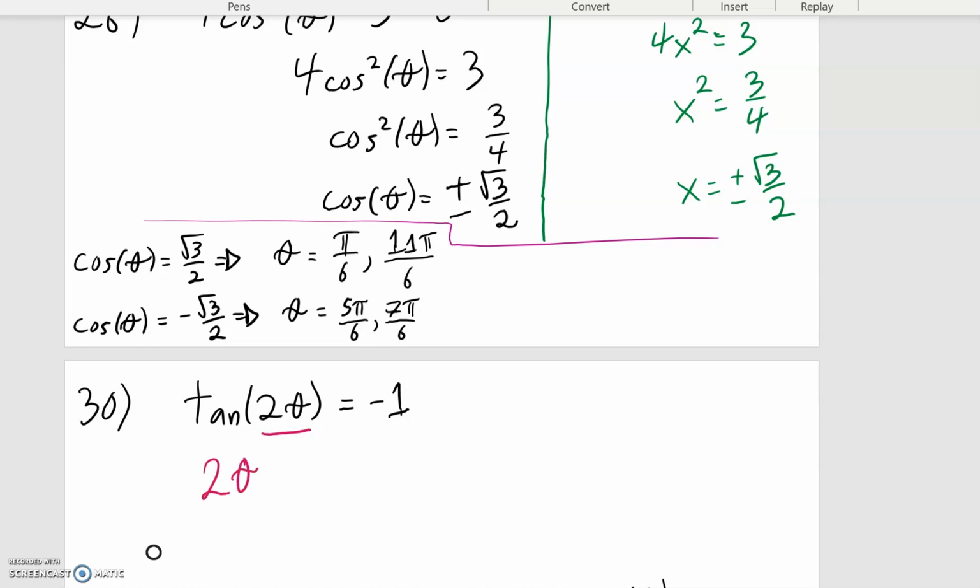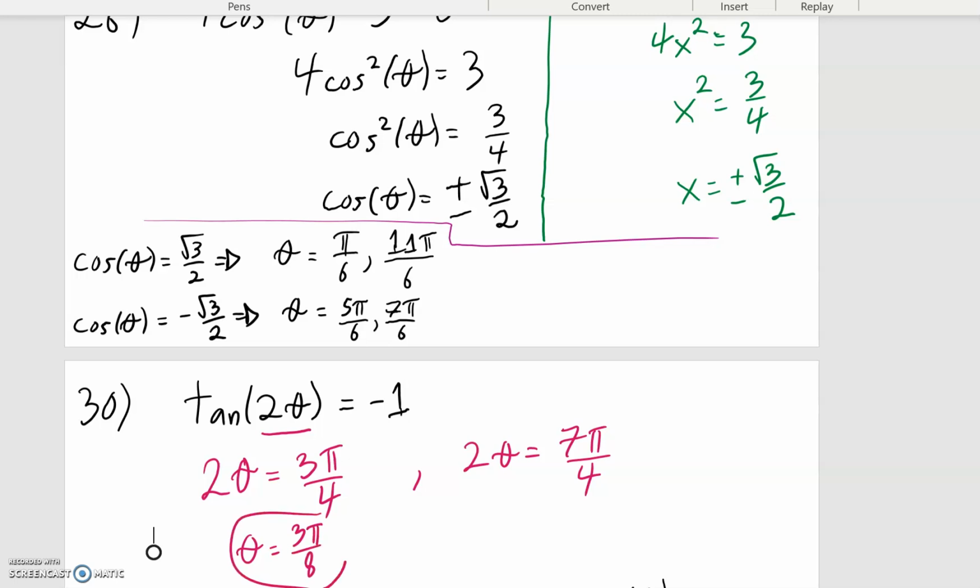So this entire variable is equal to 3 pi over 4, and it is also equal to 7 pi over 4. We are not done with this problem. We were asked to solve these equations for theta. Dividing both sides by 2, I have that theta equals 3 pi over 8 and 7 pi over 8.